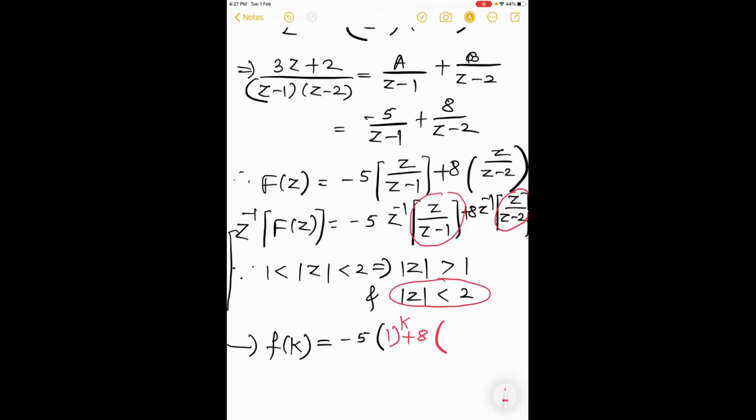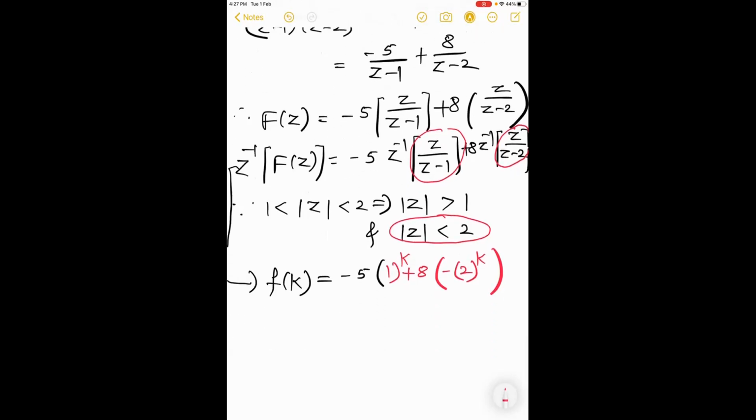You have known the table: the first term which you have written is a raised to k. There are two columns, for k greater than or equal to 0 and k less than 0. And k less than 0 will come for modulus of z less than mod a. So your answer for the second term will come out as -2 raised to k. Are you following? So in the first term, k is greater than or equal to 0, and in the second term, k is less than 0.